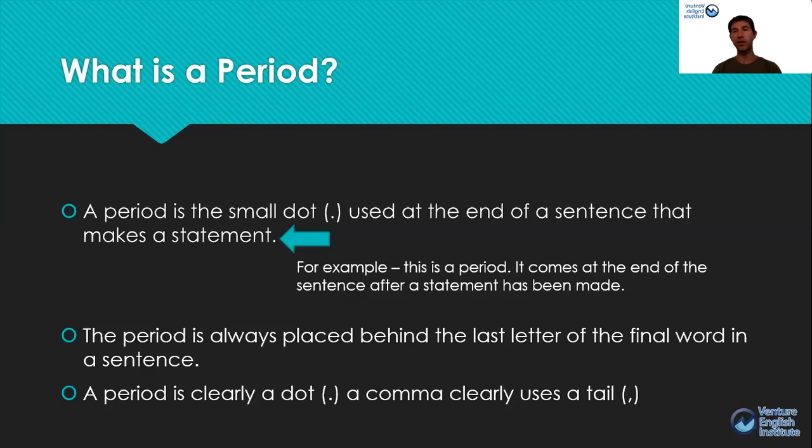Also, a period is clearly a single dot on your piece of paper. It is different than a comma, in that a comma clearly has a tail. And if you are using your hand to write out English, it is very important that you make clear distinctions between periods and commas.